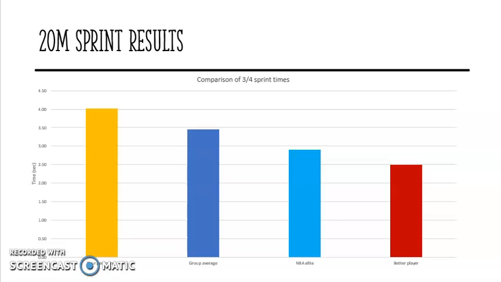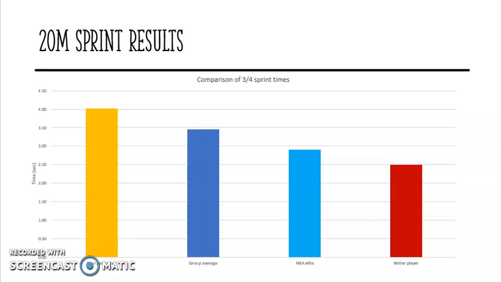So they are around 80 milliseconds behind, which isn't too bad, but it's slightly slower than the group average, so they could try and improve their sprint results to be in line with the group average.